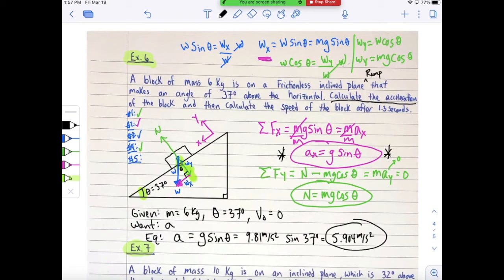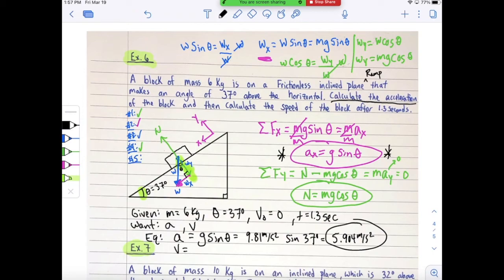All right, so there's your acceleration of your block. Now notice gravity is 9.81, so it's less than gravity, and that makes sense because it should be accelerating less than the value that gravity accelerates things because it's a block going on an incline. All right, so that's the acceleration, and then it says calculate the speed of the block after 1.3 seconds, so you want the v after a time of 1.3 seconds. So we go equation shopping, which you guys all know is my favorite type of shopping.